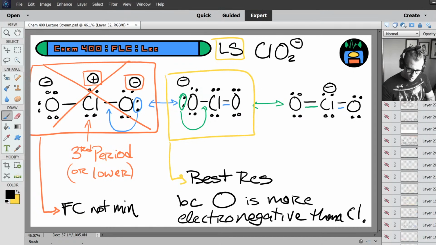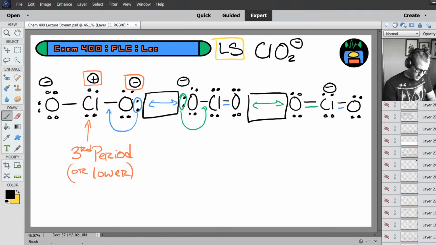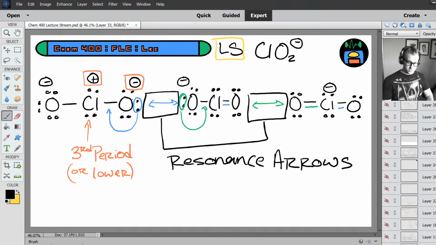Now, one last thing that I want to point out here, then we'll call it a day, is I want to draw some special attention to these arrows. These are called resonance arrows. They're never used for reactions. They're only used for resonance structures, all right?